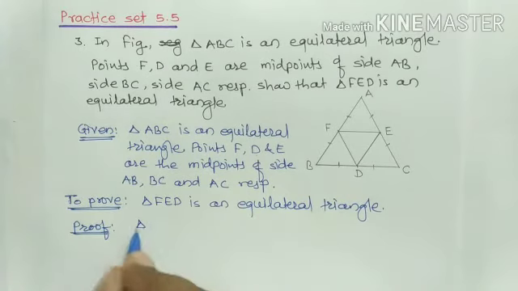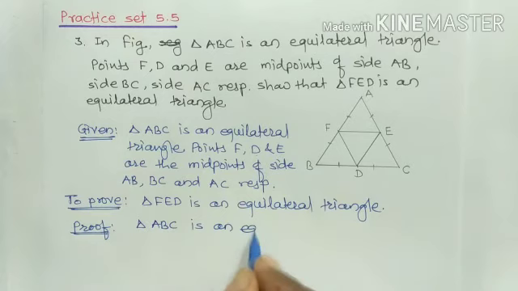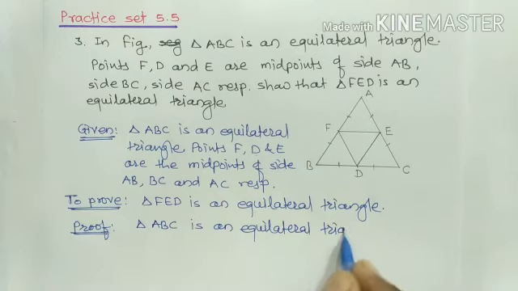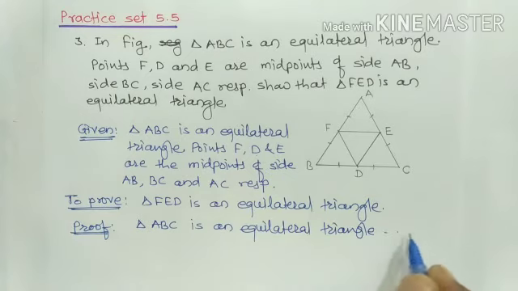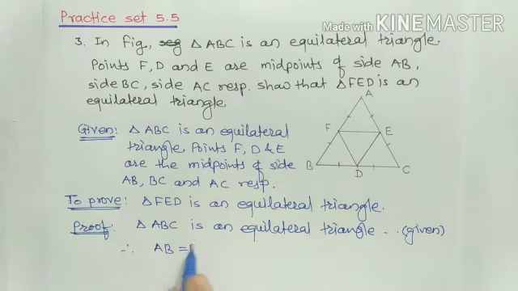Here triangle ABC is an equilateral triangle. It is given, and therefore side AB equals BC equals AC, number 1.